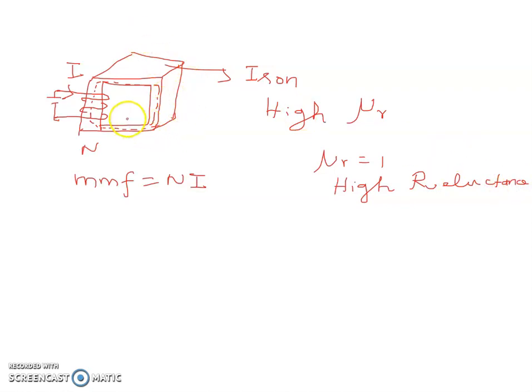Reluctance is the property of the magnetic circuit which opposes the flow of magnetic flux. So the flux established by applying this MMF through this magnetic circuit will flow through the center of the core. This is the mean flux path.